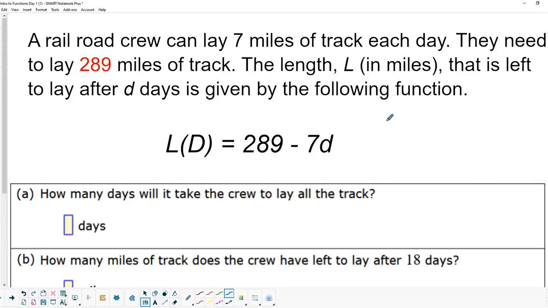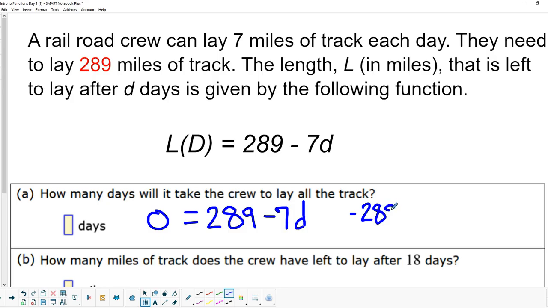So what we do in that case is we just say how much will it take until the left side equals 0. And that means they would have no track left, right? So we move the 289 to the other side and we get negative 289 equals negative 7D.